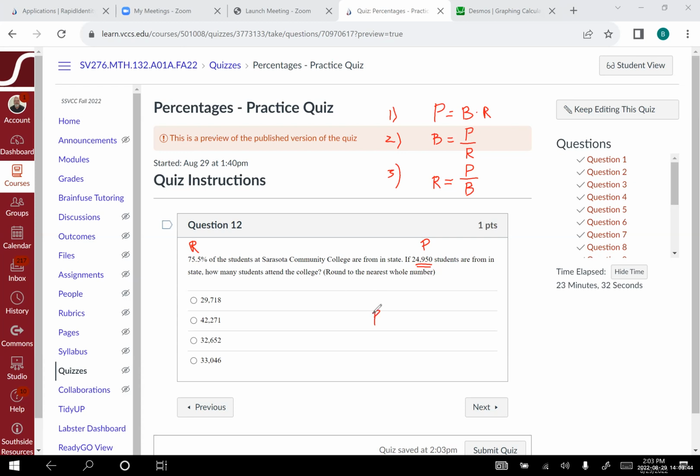So the base, that's the second formula up there. The part divided by the rate, written as a decimal, 0.755.